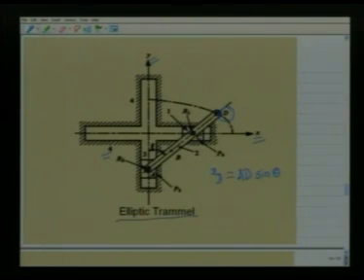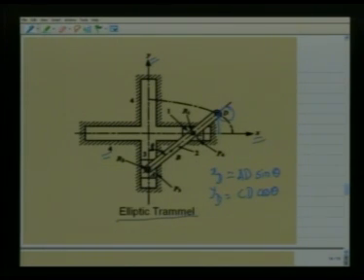Similarly, the y coordinate of this moving point D is CD, and this angle is theta, so it is CD cosine theta. So YD is CD cosine theta.